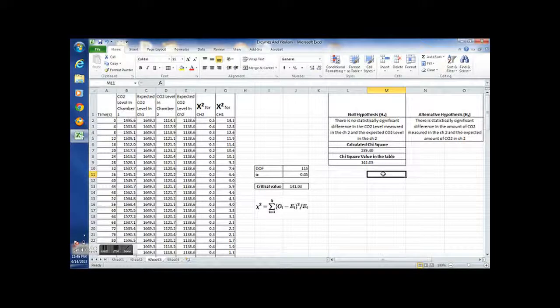So I will reject the null hypothesis. What does the null hypothesis tell me? It tells me that there is no statistically significant difference between the carbon dioxide level measured in chamber 1 and the expected carbon dioxide level in chamber 1.